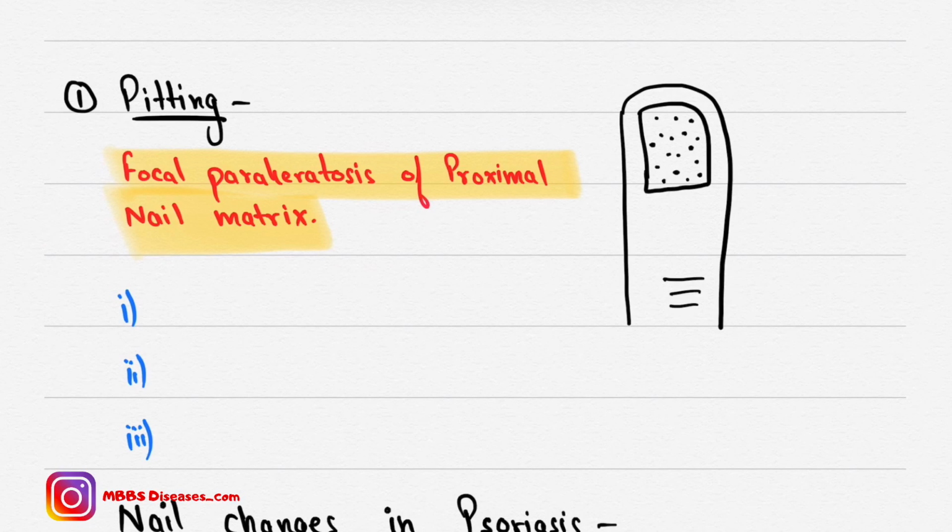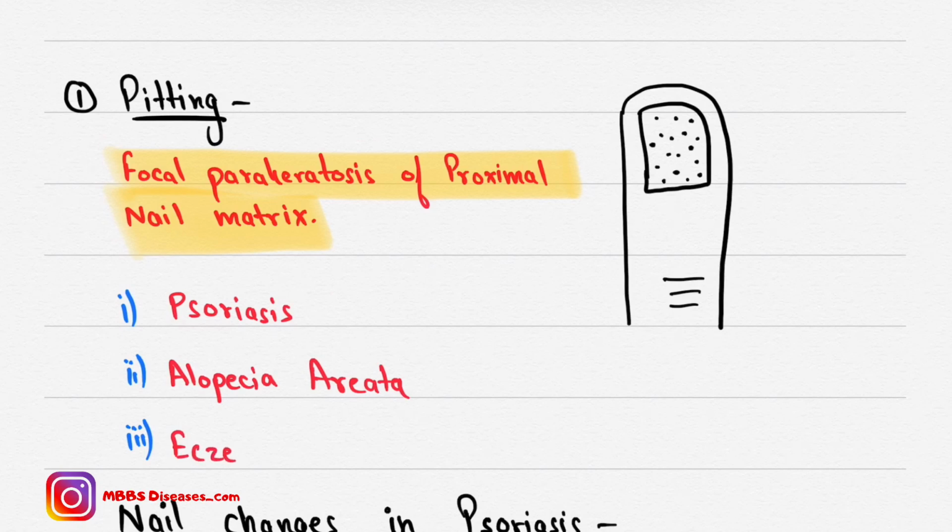What are the conditions which lead to pitting? These are psoriasis, alopecia areata, as we discussed in our previous video, and lastly eczema.